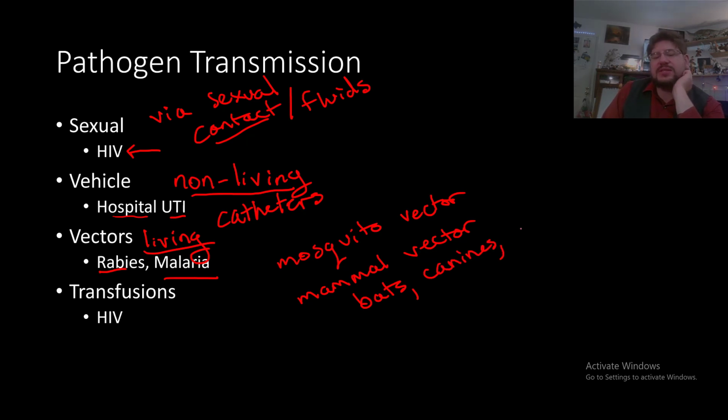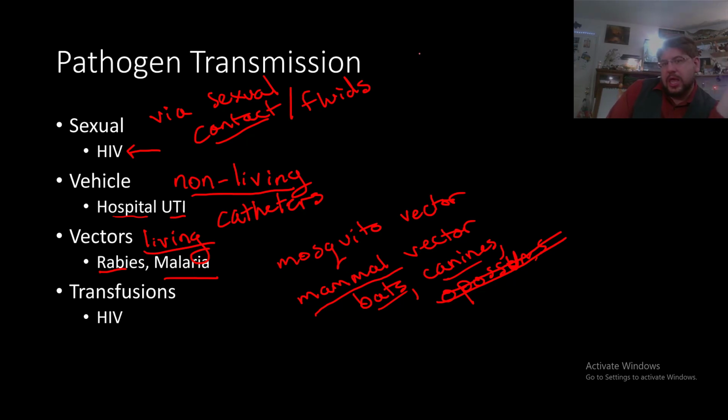You can also get cats and various other things, but interestingly enough, not opossums. Opossums have a lower body temperature, so low that rabies generally cannot survive in the opossum body. But bats, various types of canines, coyotes, foxes, some rodents, various mammals are good vectors for rabies.